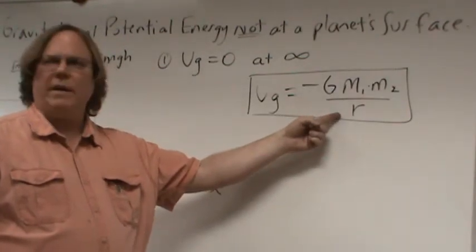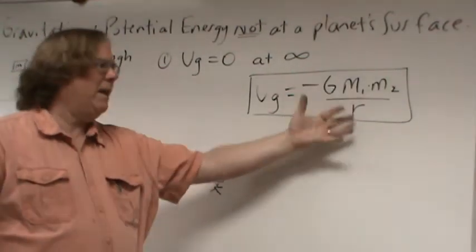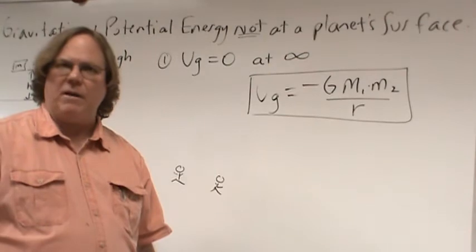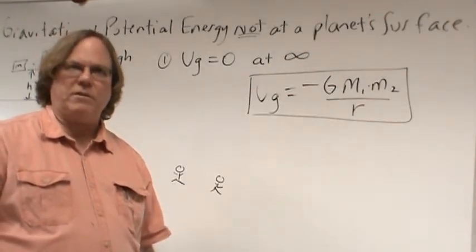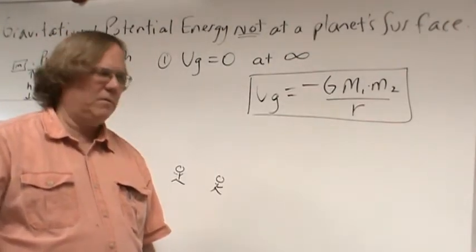If you're wondering why it looks like this, I'm going to tell you now, but you need to be in calculus to understand it. So if you're not in calculus, just zone.